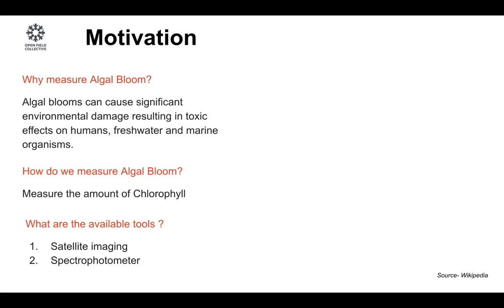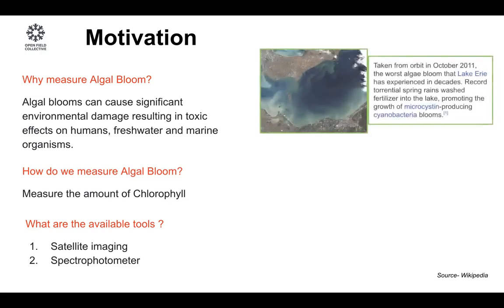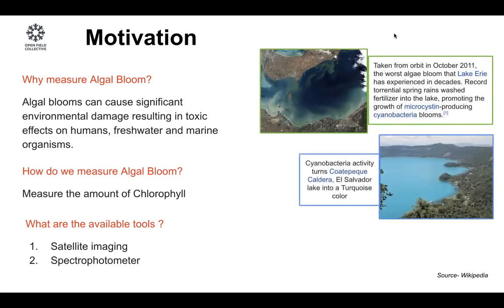Anything that has color absorbs or reflects light of specific wavelength. Nevertheless, what are the current gold standard tools to do that? The gold standard tools to measure algal bloom are satellite imaging or spectrophotometry, or spectroscopy as we call it in short. So satellite imaging is hard.